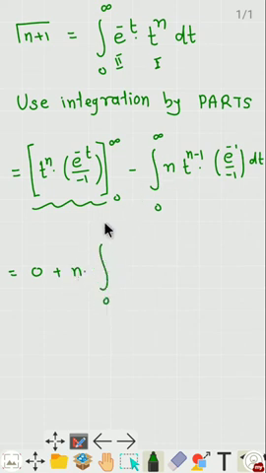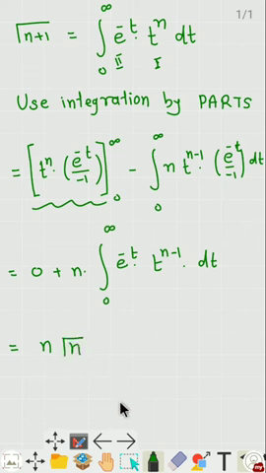Integration over 0 to infinity, e raised to the power minus t into t raised to the power n minus 1 dt. It is equal to n into the integration, which is gamma n.